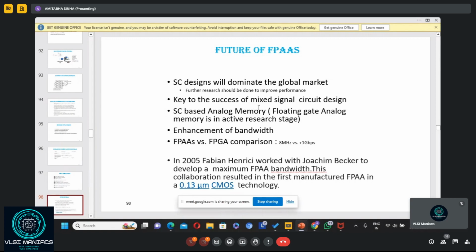So SC based analog memory. Now analog memories were not realizable until recently, but now 14-gate analog memory is also available. It was in active research a couple of years back, but now it is available commercially. And enhancement of bandwidth, so the major research in FPAAs is the enhancement of bandwidth.